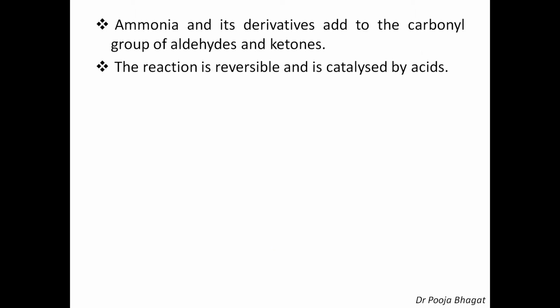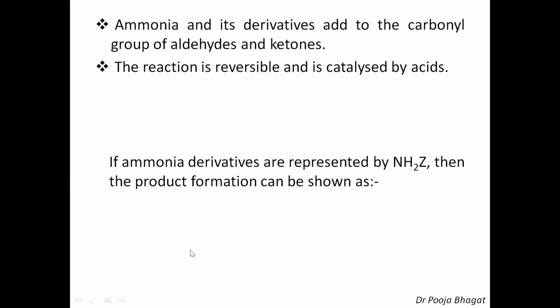Ammonia and its derivatives add to the carbonyl group of aldehydes and ketones. The reaction is reversible and is catalyzed by acids. If ammonia derivatives are represented by NH2Z, ammonia, as we know, is NH3. If I replace one of the hydrogens by this Z, then I can write it down as NH2Z.